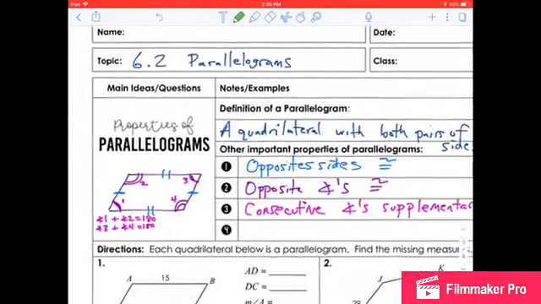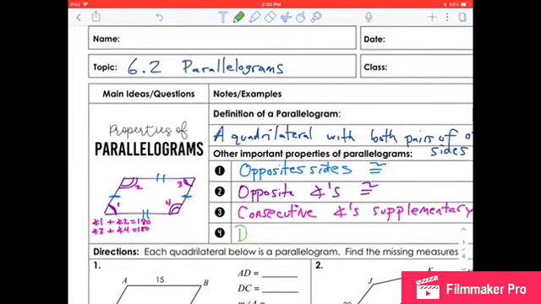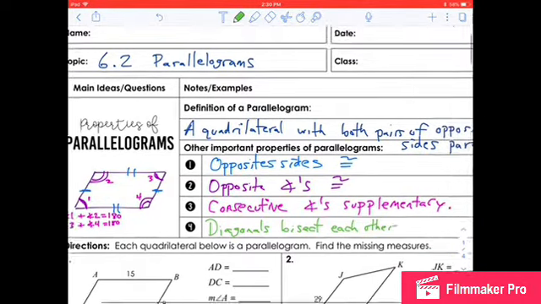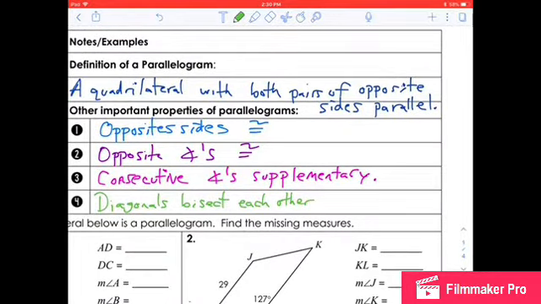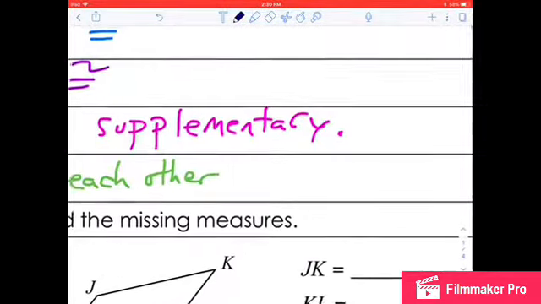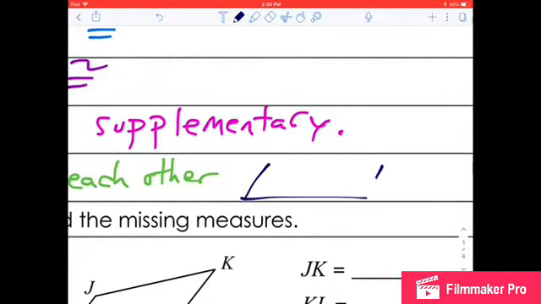And then the last property says that the diagonals bisect each other. So I'm just going to draw you a little picture here. The diagonals bisect each other, meaning if I have a parallelogram, so here's my parallelogram, the diagonals are the lines going from vertex to vertex across the way.